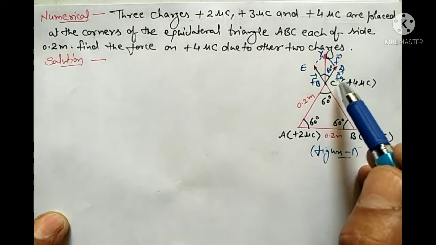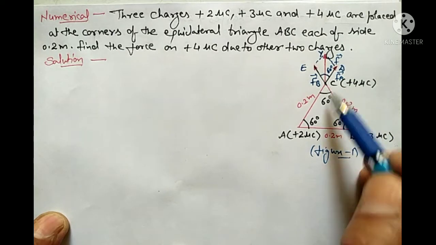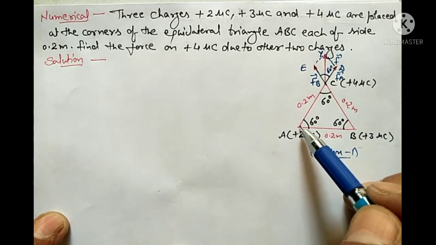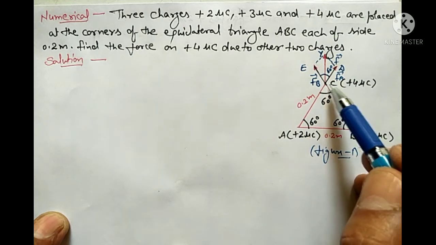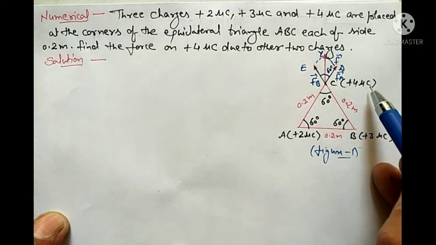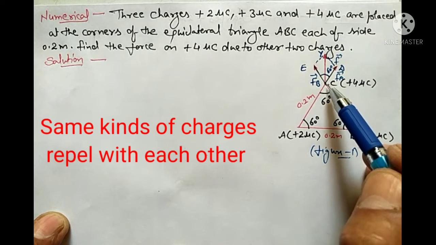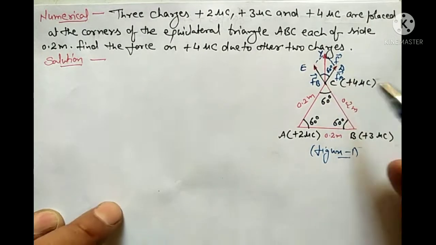Let Fa be the force exerted by this plus 2 microcoulomb charge on the plus 4 microcoulomb charge, and it acts along direction CD.